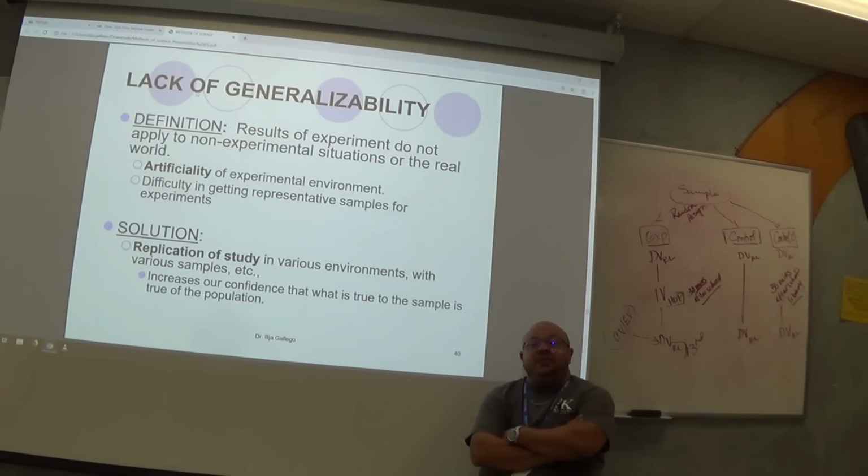So in order to make sure that what's true of the sample applies to the population, what we do is we replicate studies to make sure we have generalizability. We do the study over and over and on different samples and see if we come up with the same result. If we do, then that's how we know that there must be some truth to this, okay? Versus it being a fluke or a coincidence.